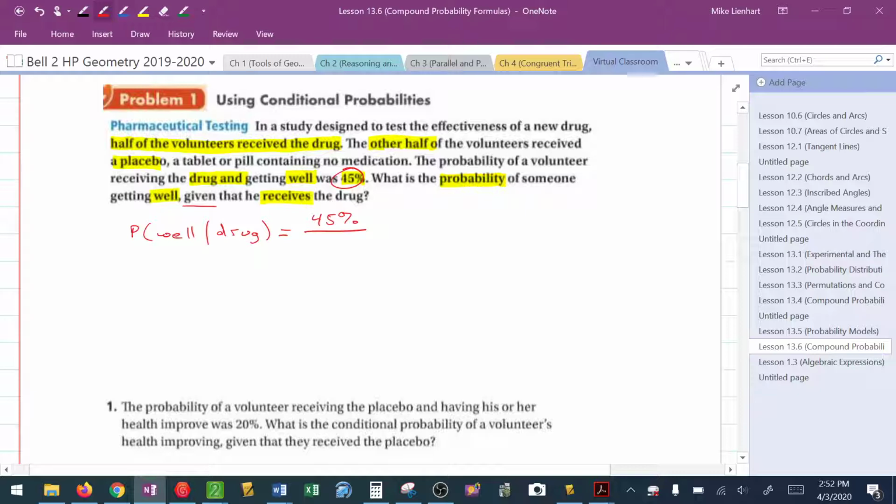And our denominator would be all of those that received the drug. Remember, we have this conditional statement, the given part. Those that received the drug, that was 50%. Half received the drug. So I simplify this fraction. I can look at it as 45 over 50, or as 0.45 divided by 0.5. Either way, when you do it, you get 90%.